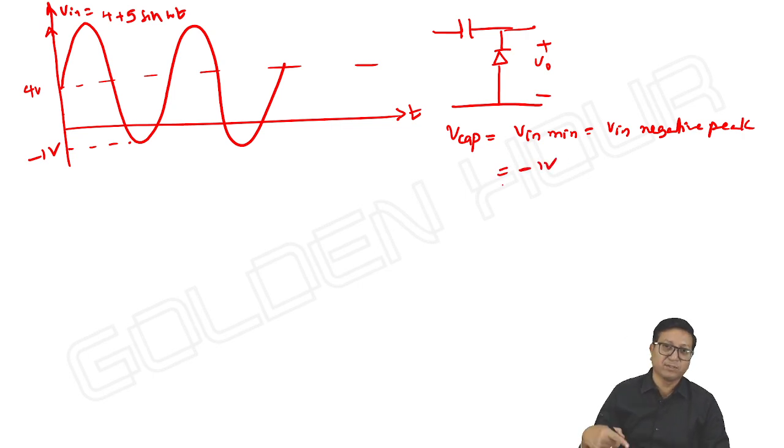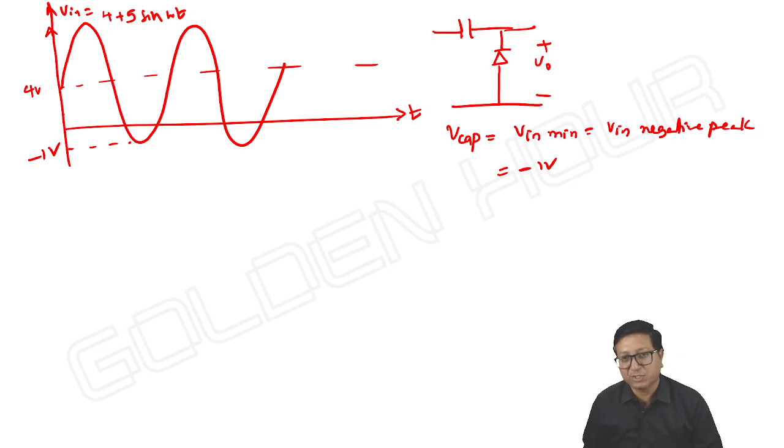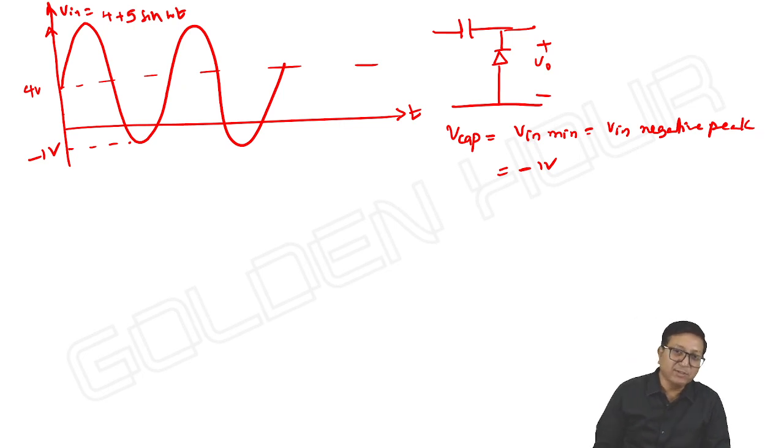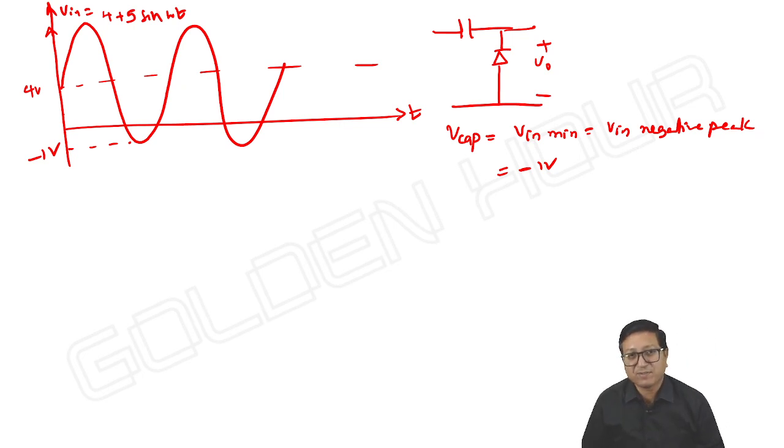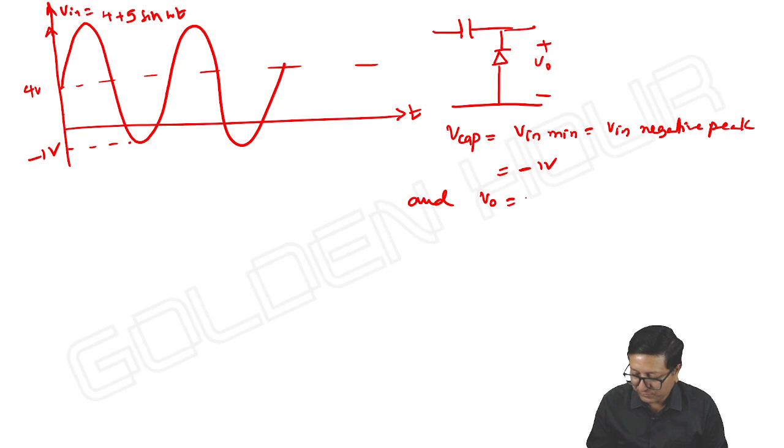So diode is upwards now. At least the diode should experience positive voltage, or output should be some negative value. Then only the diode will conduct and the capacitor will rapidly charge up to the negative. And V output is equal to V input minus V capacitor. So what is V input?